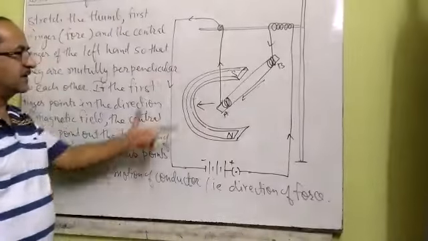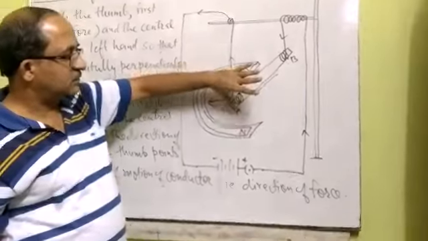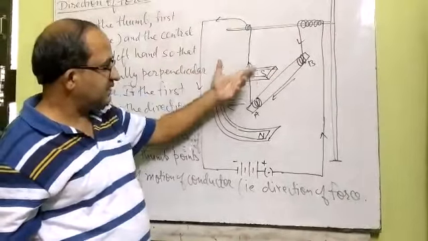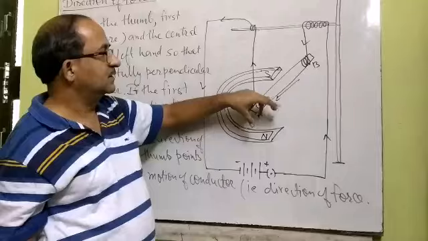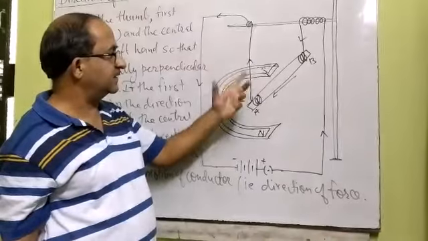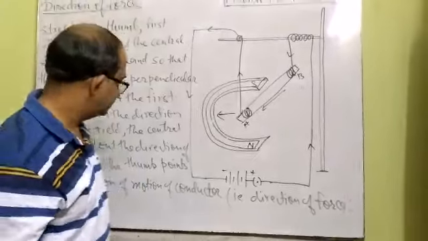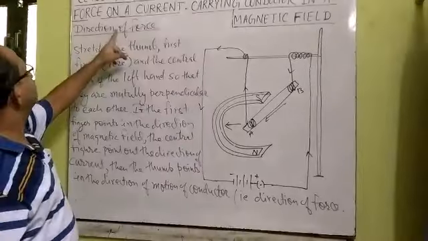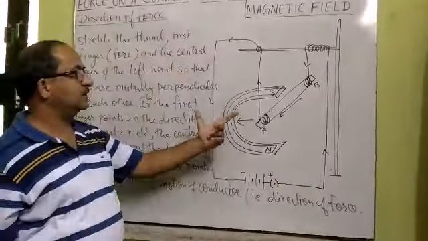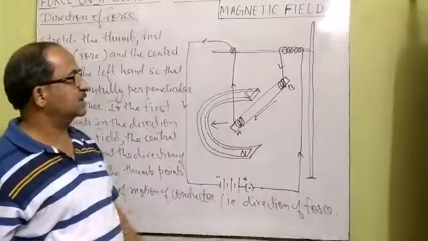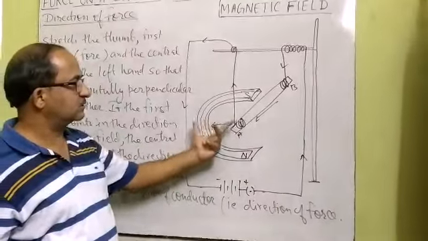Means by reversing the direction of current, the direction of force will be reversed. By reversing the direction of magnetic lines of force, or we can say magnetic field, the direction of force will also be reversed. With the help of this law, Fleming's left hand rule, we can understand the direction of motion of this coil.